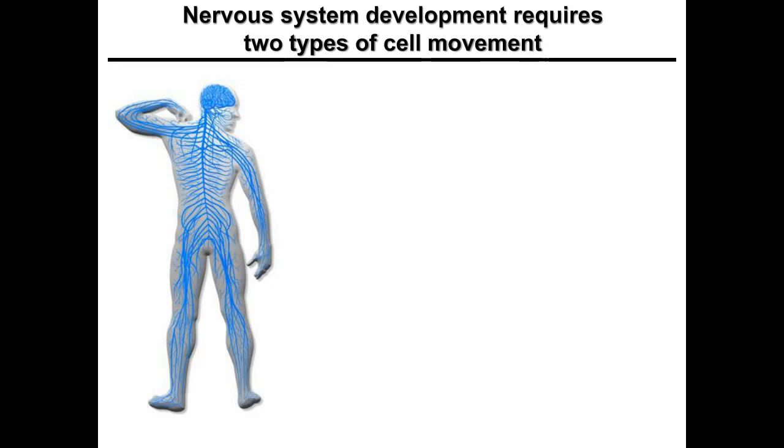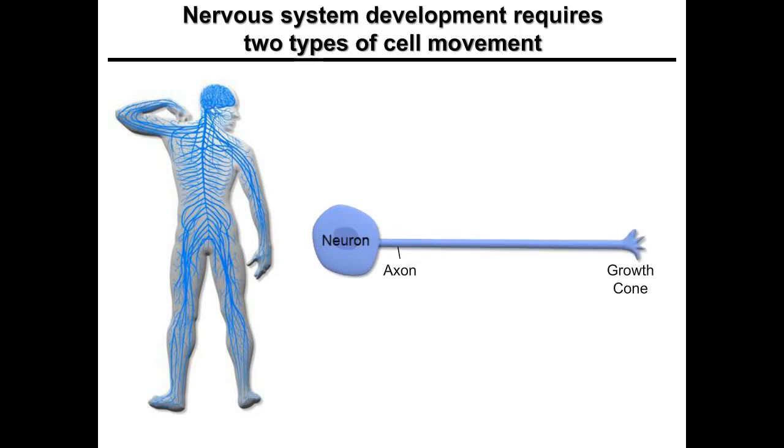First, every neuron might be born in one location, for example, the neural tube, but then have to migrate to a different location, for example, a particular layer in the brain. And then once it performs this cell migration process, each neuron sends out an extension of itself called an axon and sends it over long embryonic distances to make the essential connections that wire up the nervous system.